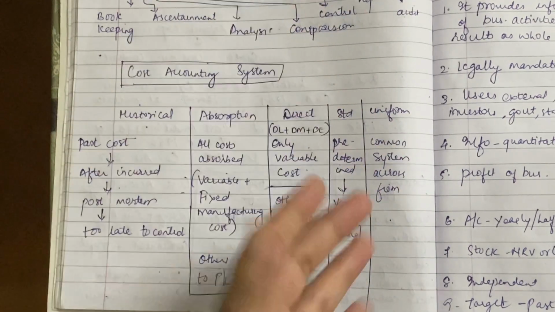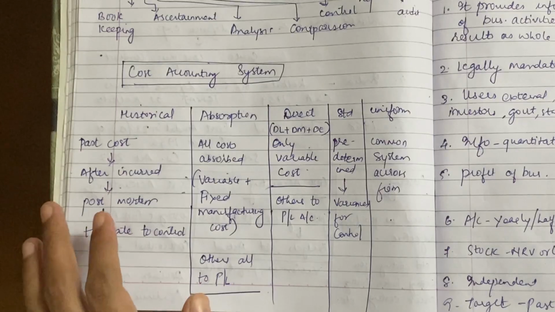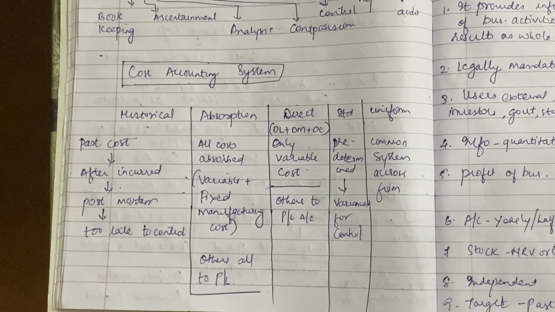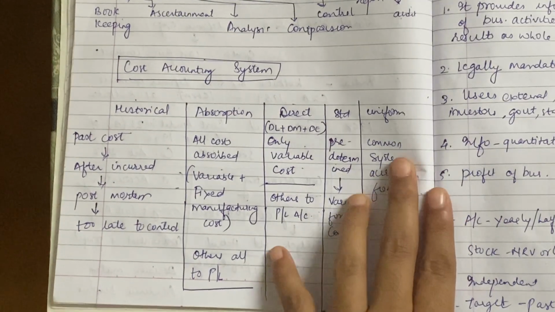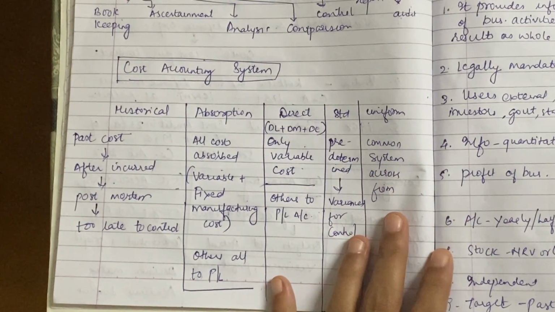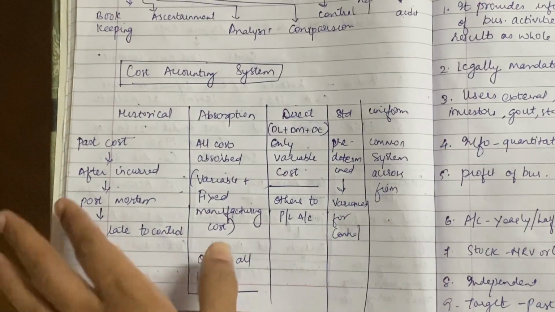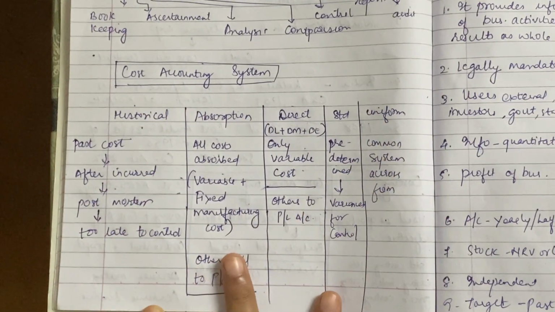Another is uniform costing. Uniform refers to a common system across all the firms of the industry, where given industries are using the same type of costing. This would be very helpful for comparison and such purposes. So these are different types of cost accounting system.